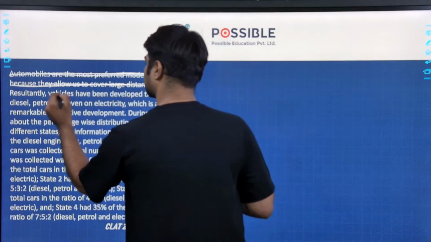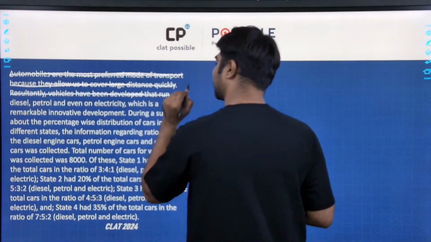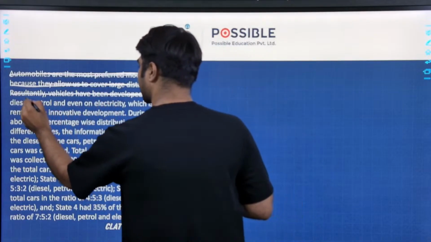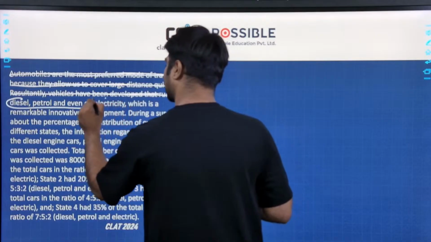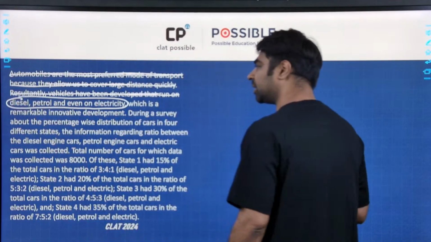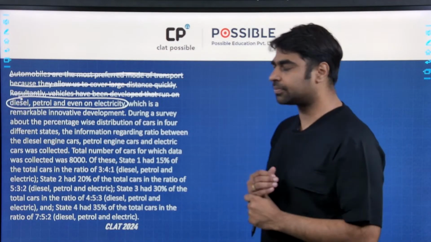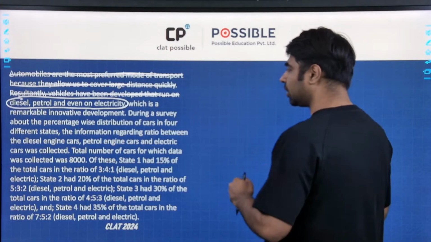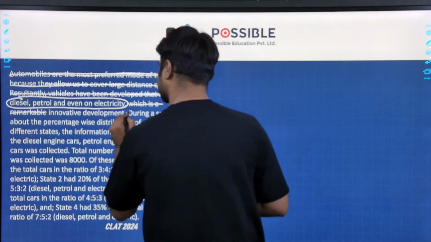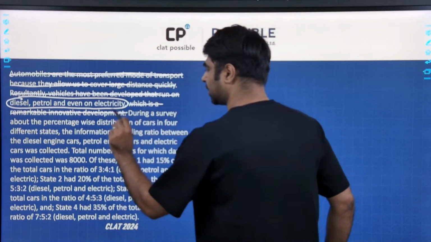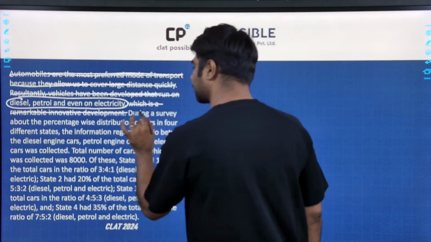Resultantly, this line we do not need, but we do know that diesel, petrol and electricity are the three modes in which the cars run. What is the survey being talked about? Percentage-wise distribution of cars in 4 different states.